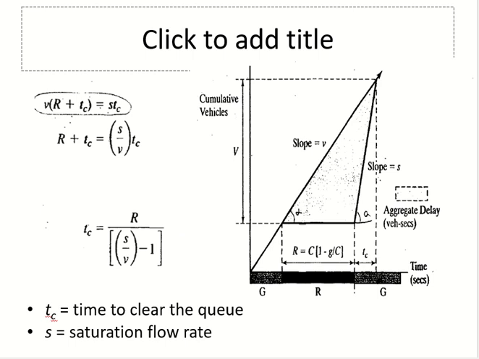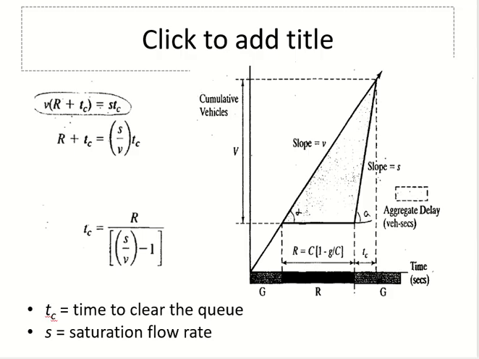This is when you use this flow. The first happens during R as well as TC, and if you use this flow, it only happens during TC. But in the end, both of them give the vehicles in the queue, so both of them are equal.